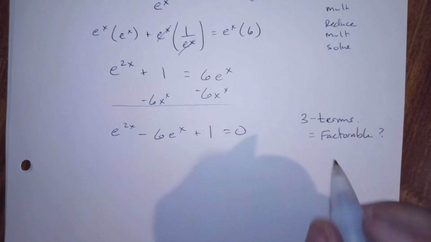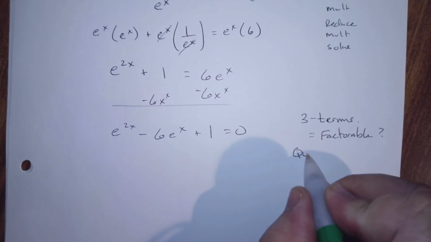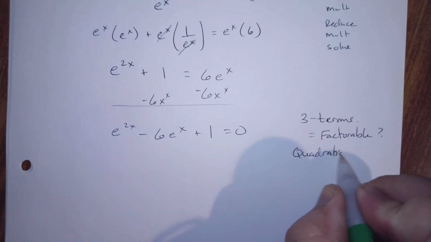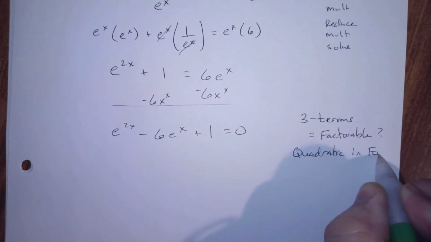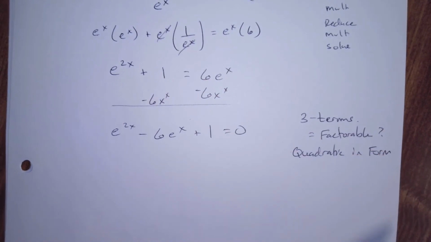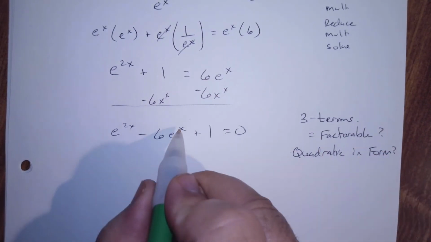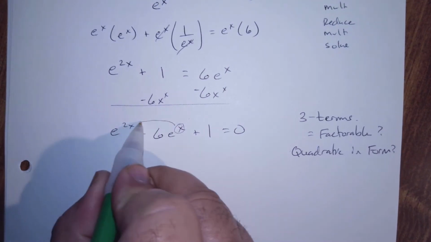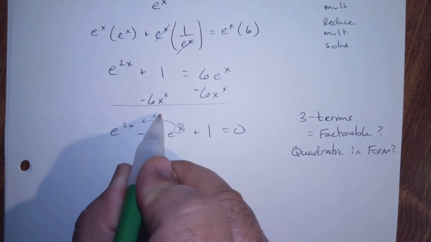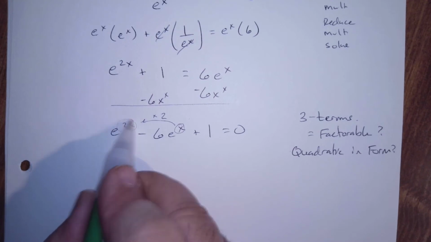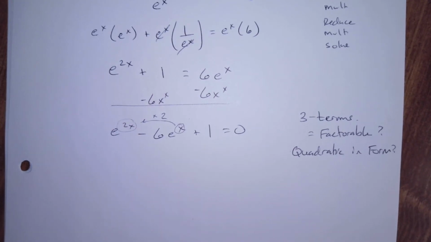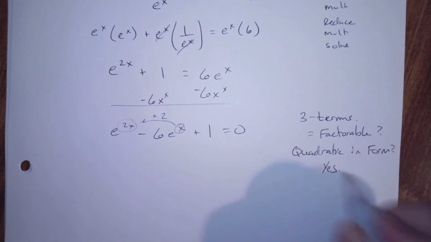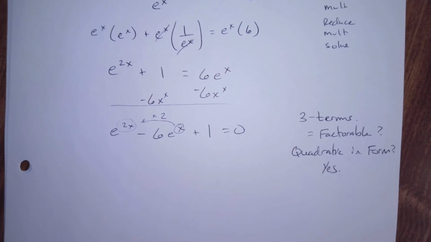Remember, is it quadratic in form? How do we check that? Look at the middle exponent. If we take the middle exponent times 2, does it equal the first? Yes. So it is quadratic in form.